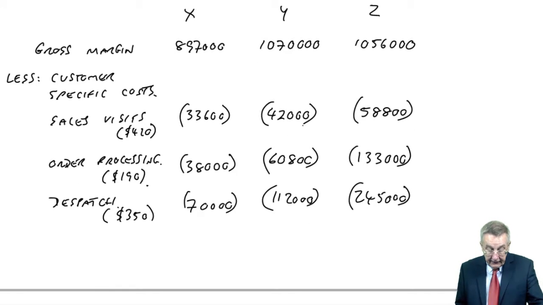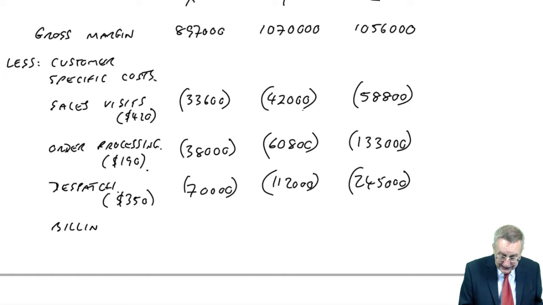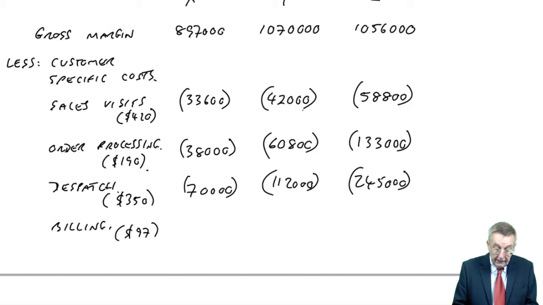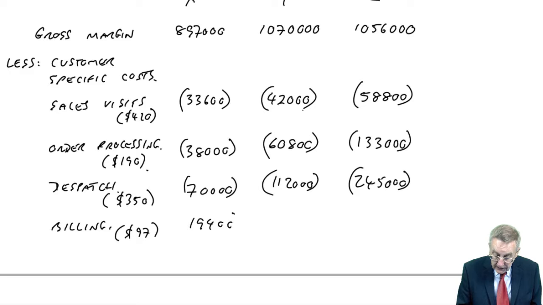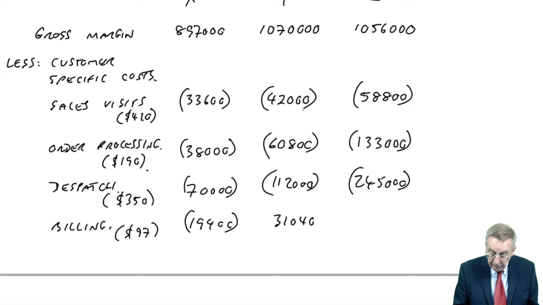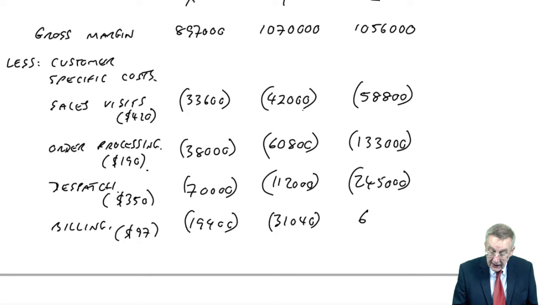And finally, billing and collections. Same idea, this time it's 97 per invoice. X has 200 invoices at 97, which is 19,400. To Y, we're sending 320 invoices. And finally to Z, 700 invoices, 67,900.